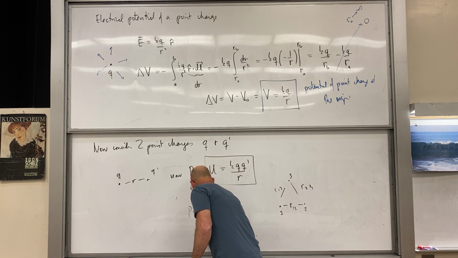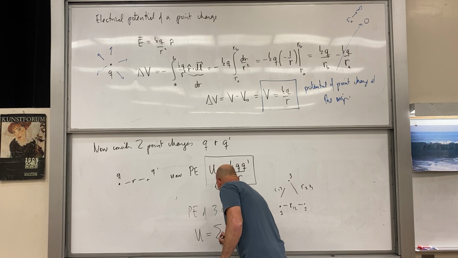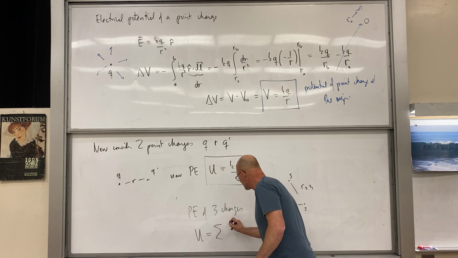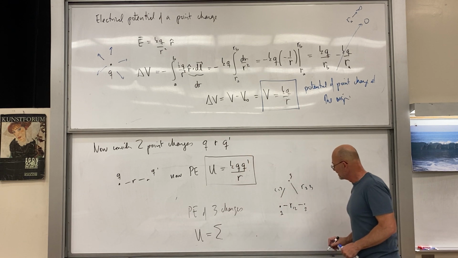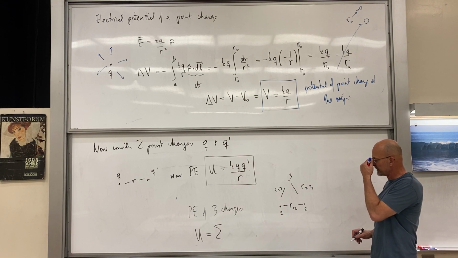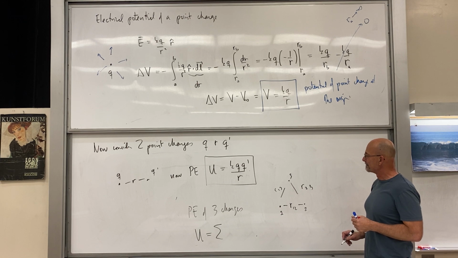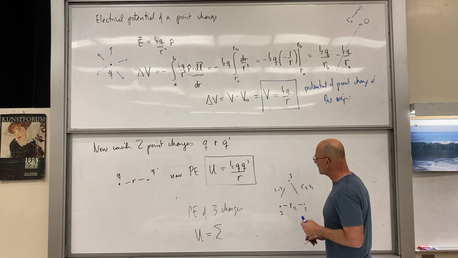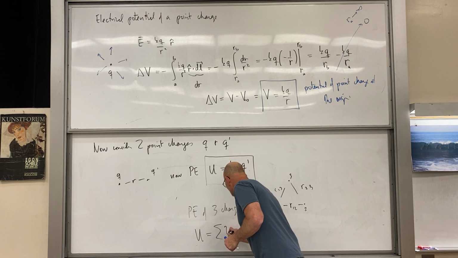So U total would be the sum of the individual potential energies, I'll just say U sub i.